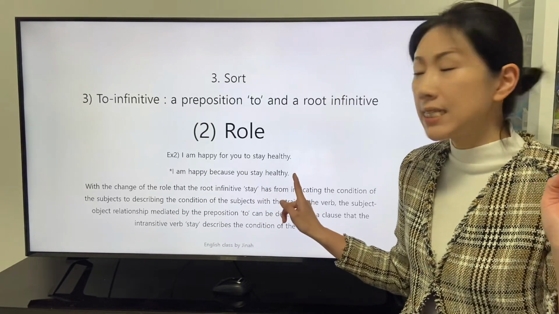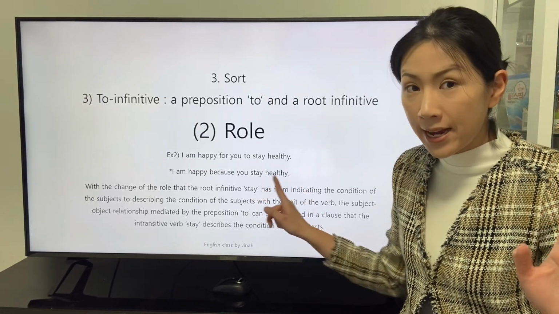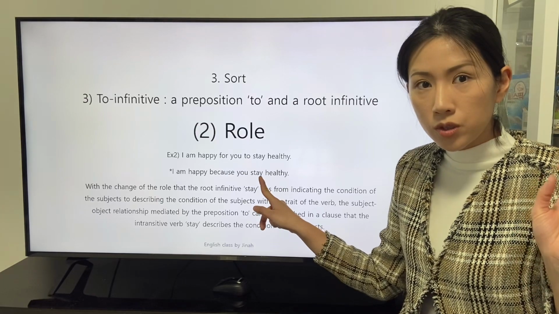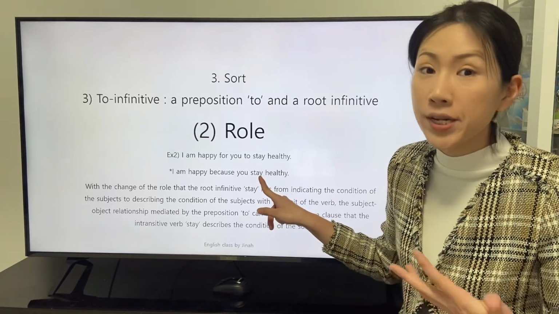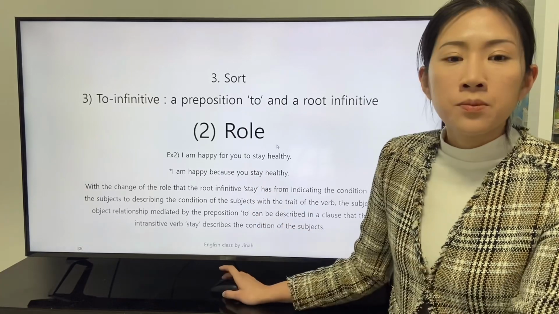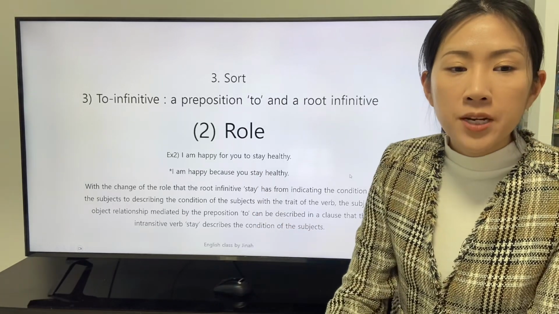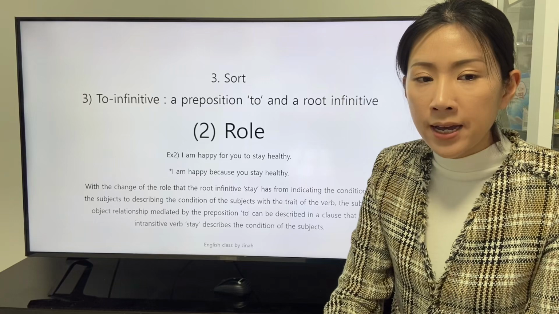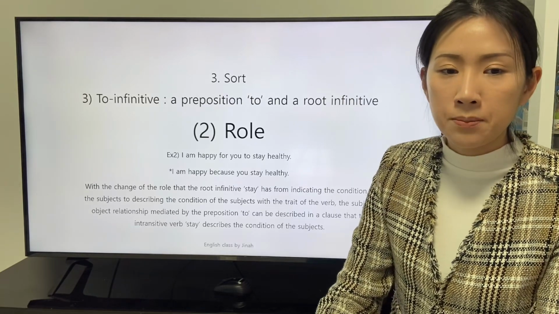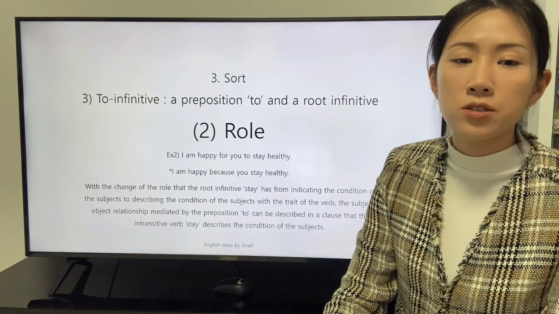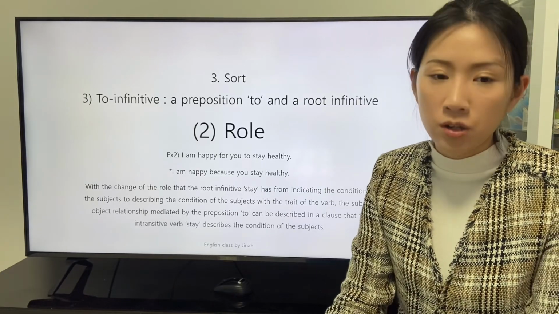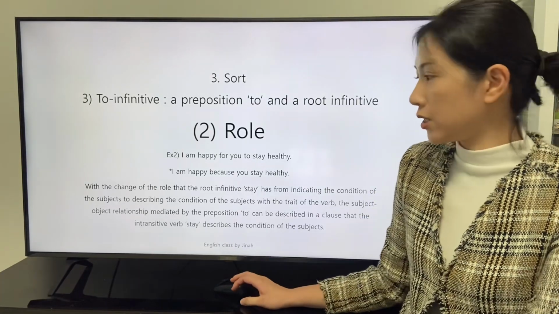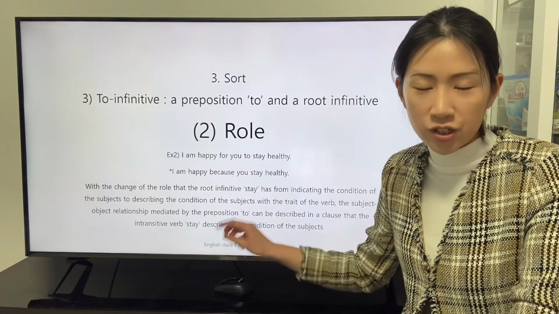But in this sentence, the word stay is applied as an intransitive verb. The subject-object relationship mediated by the preposition to can be described in a clause that the intransitive verb stay describes the condition of the subject, who are the listeners.